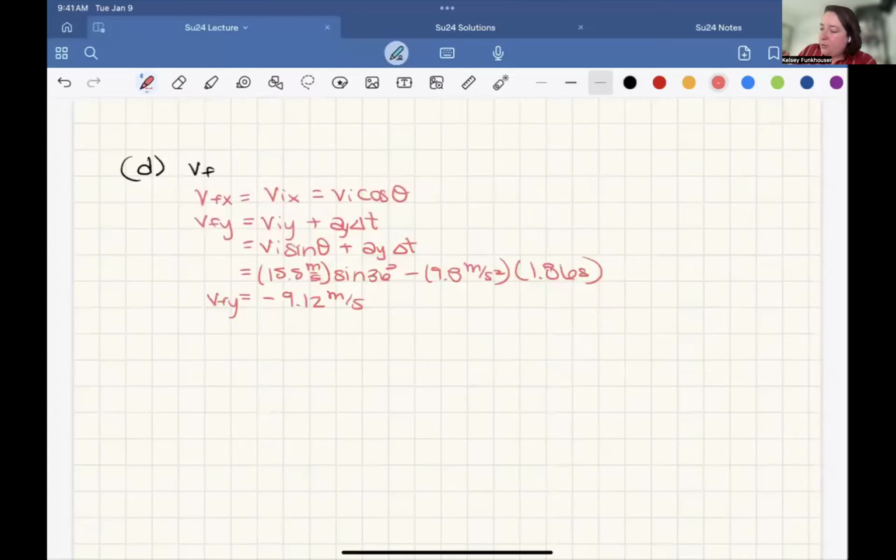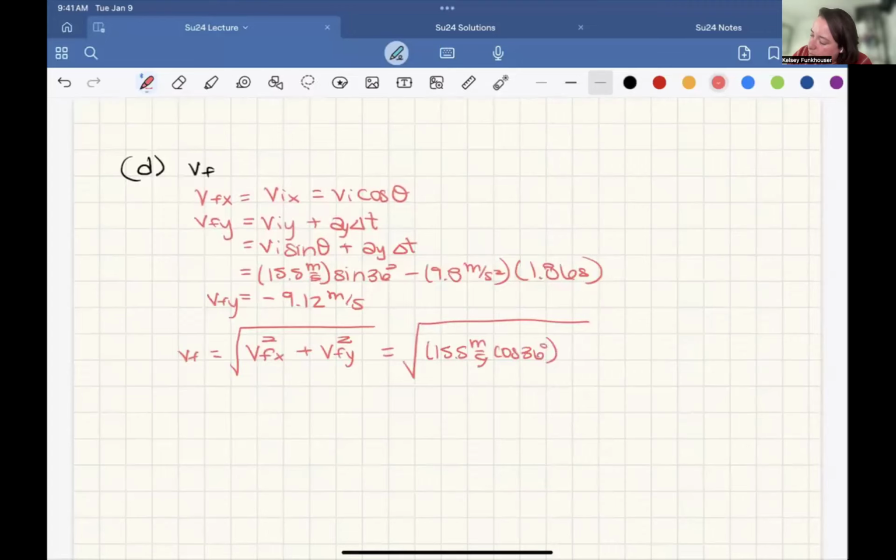And then I didn't plug in the x one ahead of time, so we'll just plug in those numbers here. The total final velocity is the square root of the final velocity in x squared plus the final velocity in y squared. So that's going to be the square root of 15.5 meters per second times cosine of 36 degrees, squared, plus negative 9.12 meters per second, squared.